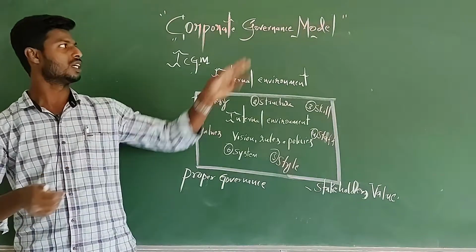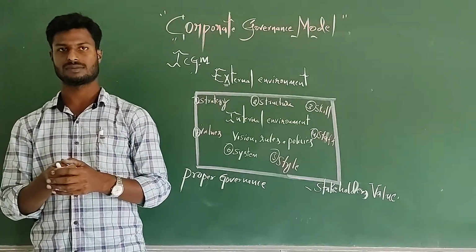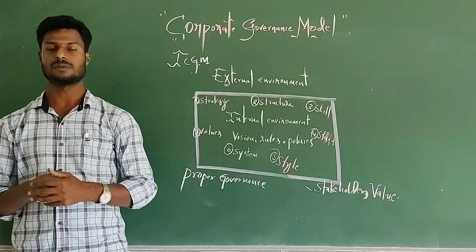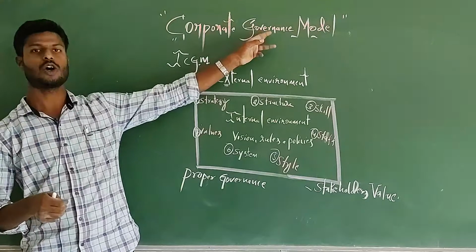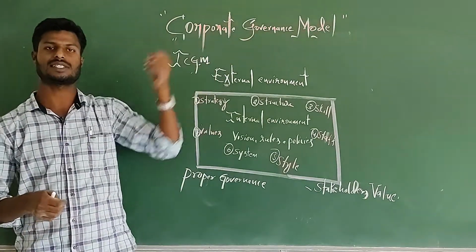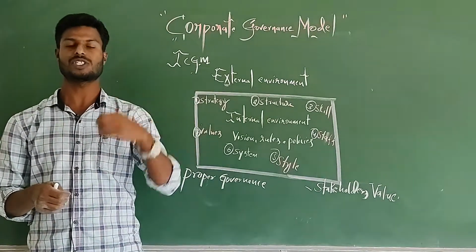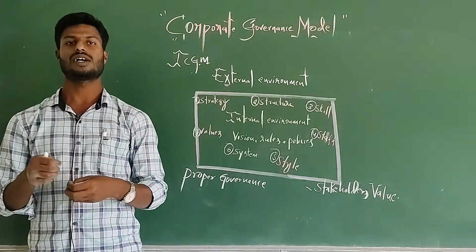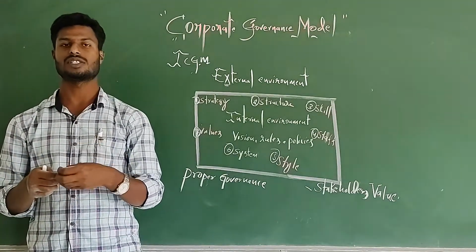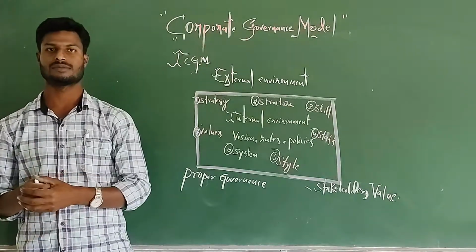Governance means proper administration, proper control through various policies, rules, regulations, methods and principles. Here corporate governance means the set of rules, regulations, policies and procedures by which the company's process is monitored, controlled or managed.